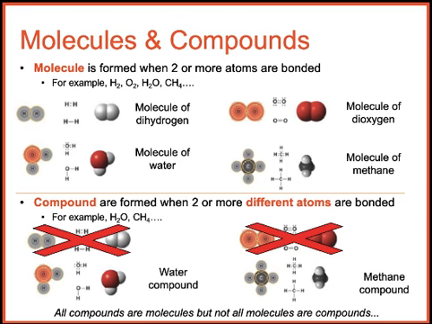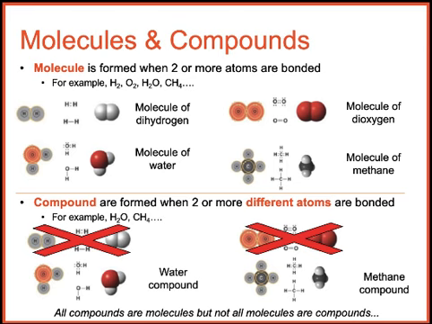A compound needs to compound things. It needs to take different atoms and bring them together. So look at water. Water is a compound. It brings together hydrogen, oxygen, right? O2, oxygen, is not a compound because it brings together two oxygens.